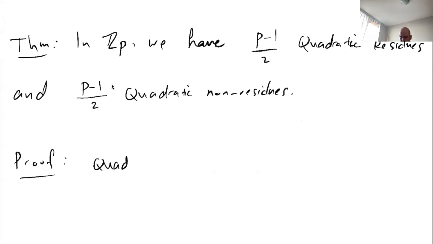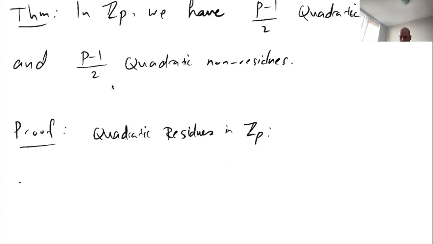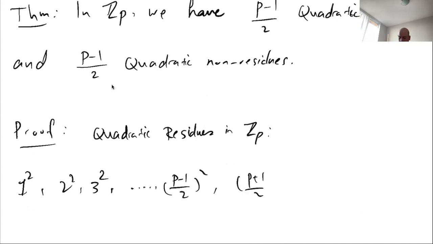Quadratic residues in Zp will be 1 squared, 2 squared, 3 squared, all the way to ((p minus 1)/2) squared, then ((p plus 1)/2) squared, and all the way to (p minus 1) squared.